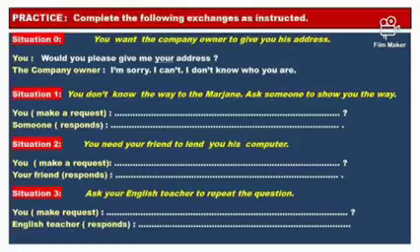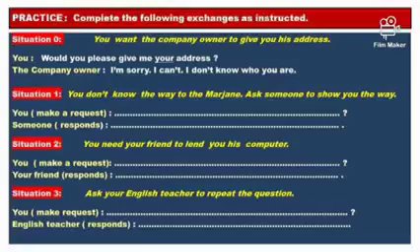Situation 3, ask your English teacher to repeat the question. Make a request, English teacher responds. So in this exercise, we have different situations, either with a friend or with a company owner or a teacher, okay, or someone you don't know. So we can use different expressions.